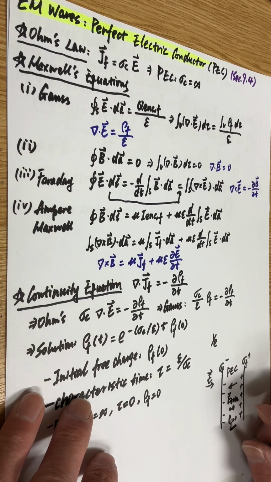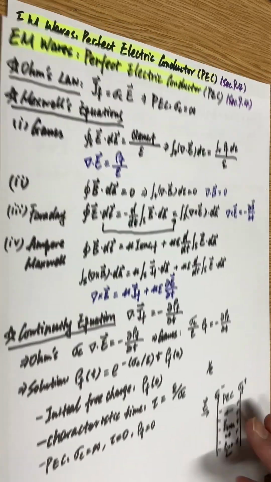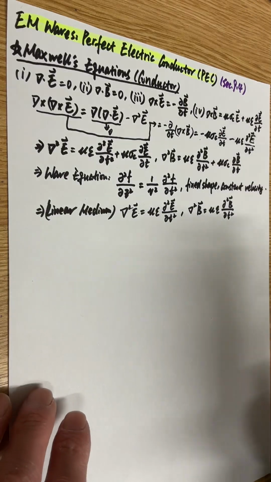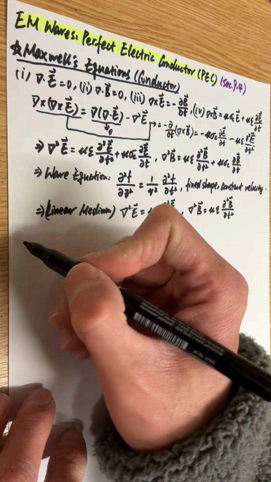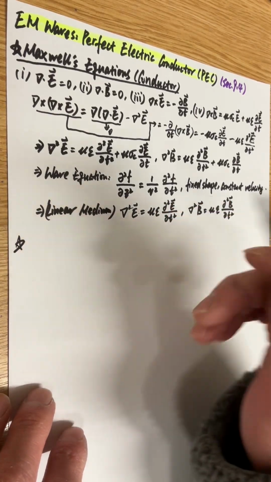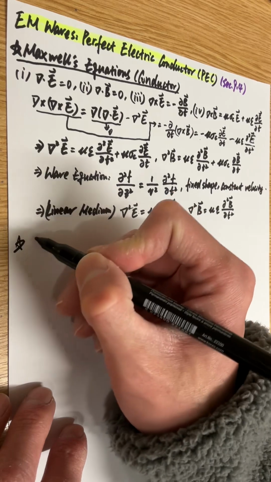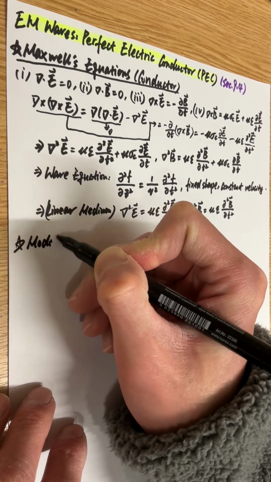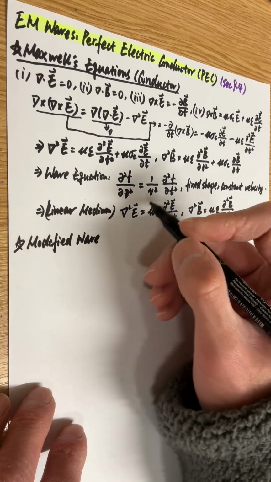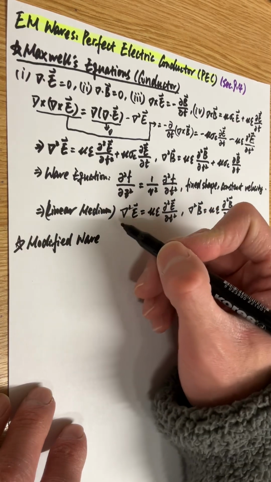So obviously, the wave wouldn't maintain the fixed shape and constant velocity. But we can still write wave functions for conductor. So I have modified wave functions.